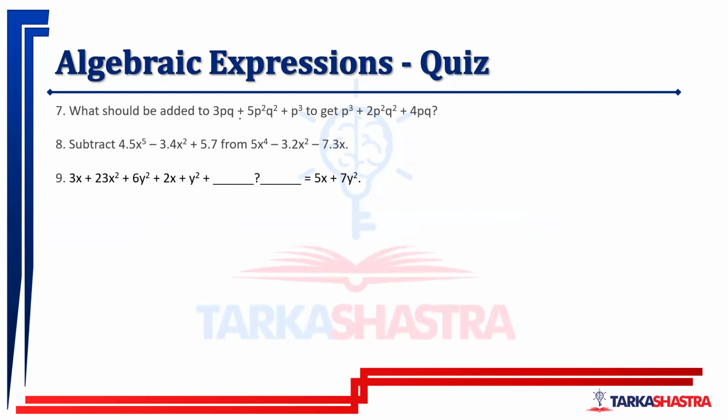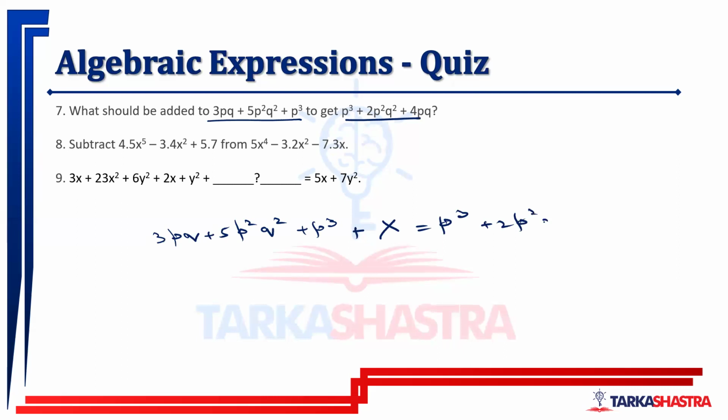They are asking what should be added to this to get this. So 3pq plus 5p square q square plus pq plus what should be added to this so that we get p cube 2p square q square plus 4p cube.